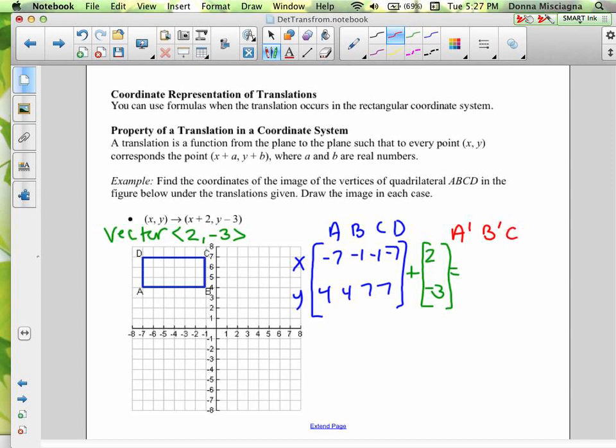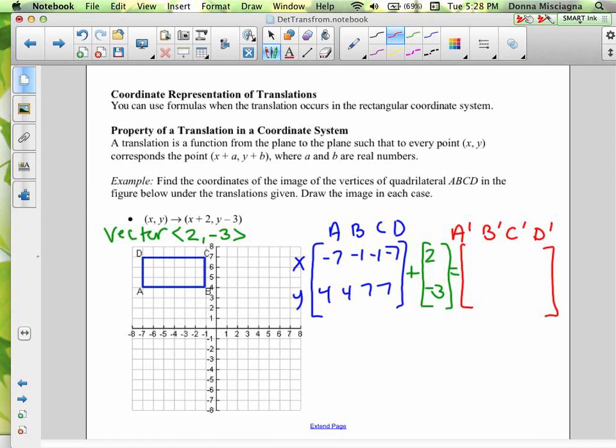So you need to be able to notate a transformation in coordinate notation and vector notation, and then you also need to be able to use matrices to find your coordinates. So you need to be able to use all of our different representations.